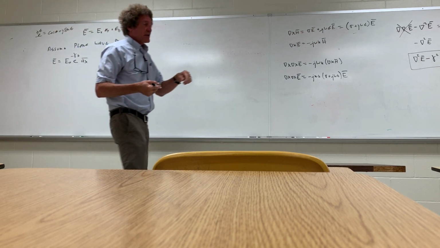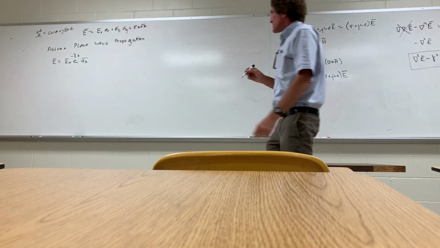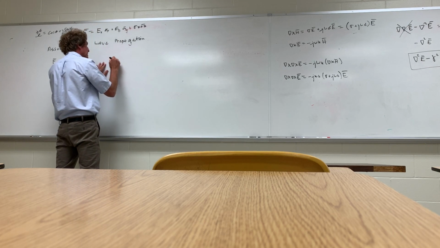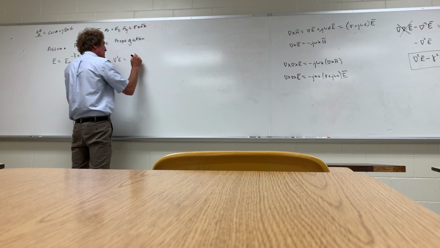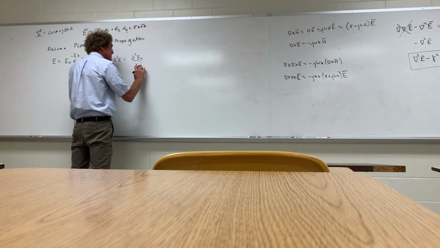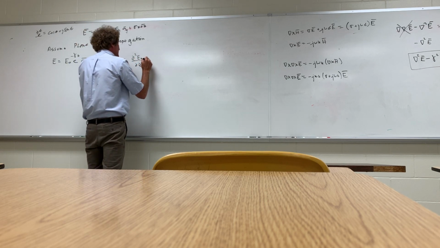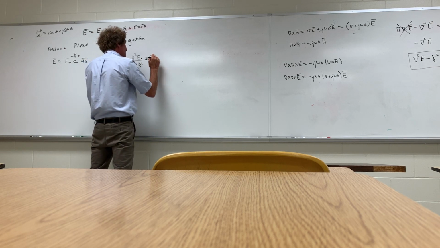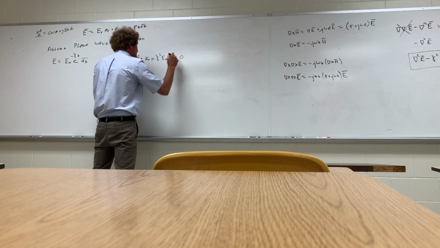So how does this come about? Well, now this del squared operator only has one essential thing. Now, the del squared operator becomes the second derivative of E_x with respect to Z squared in the a_x direction, plus minus gamma squared E_x equals 0.